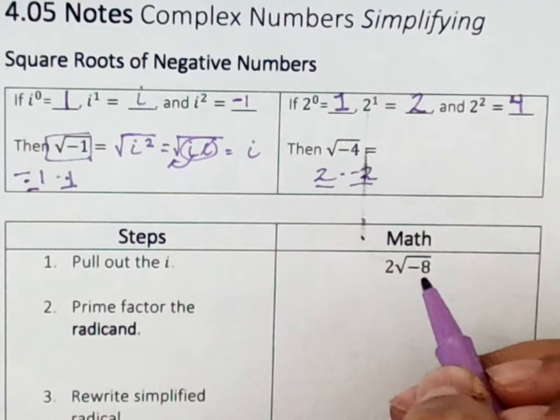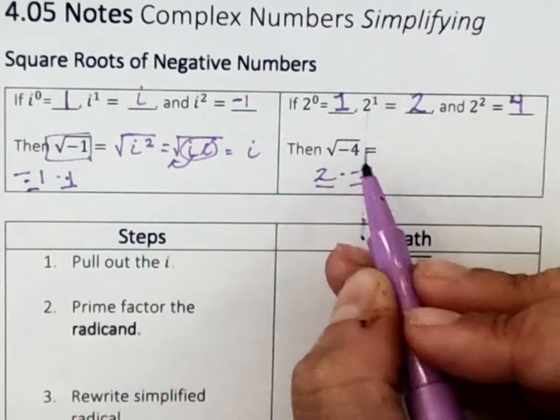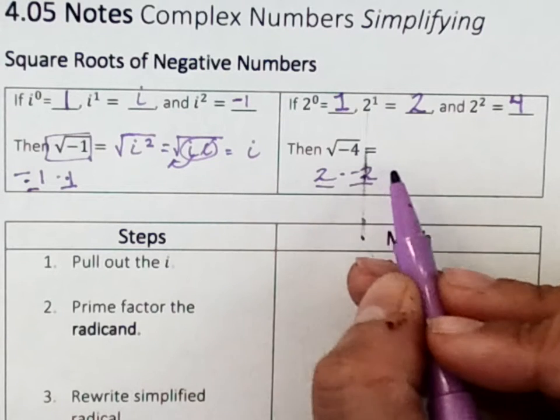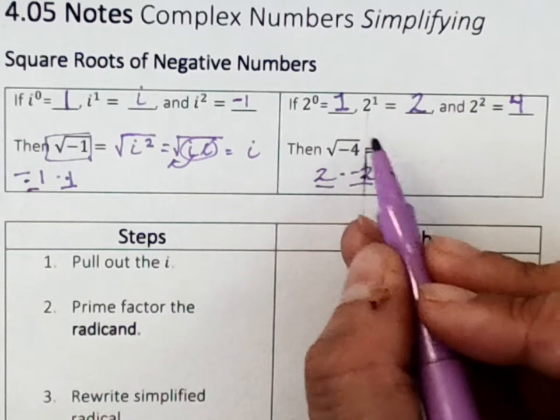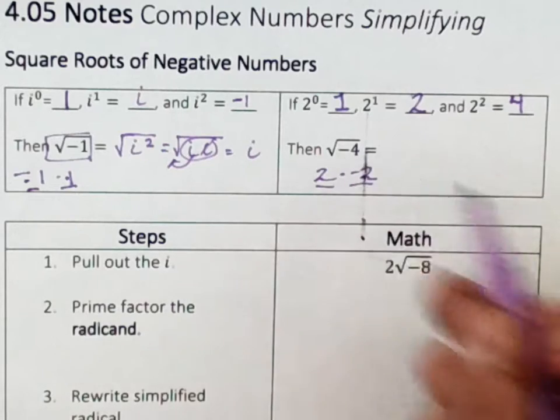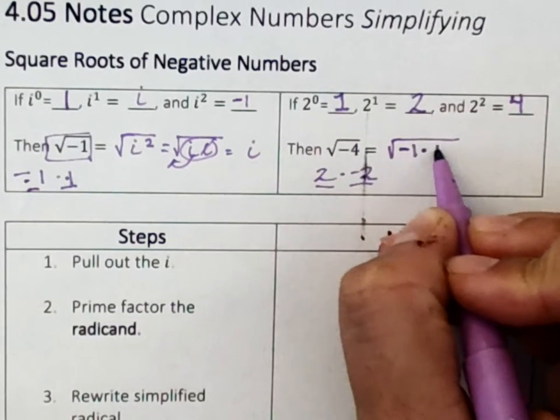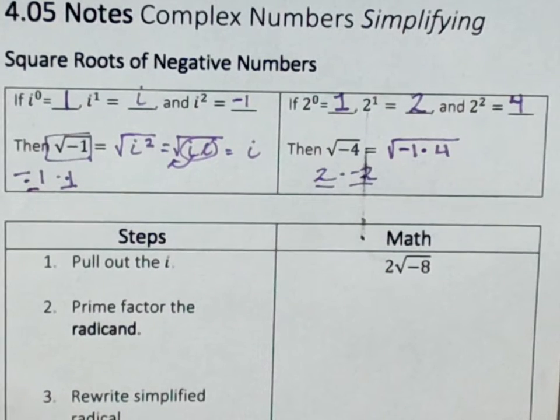These are not the same number. We need to make them the same number. The only way that we can do that is if we remove or factor out a negative 1. So what I mean by that is if we said negative 1 times 4, we could now simplify.